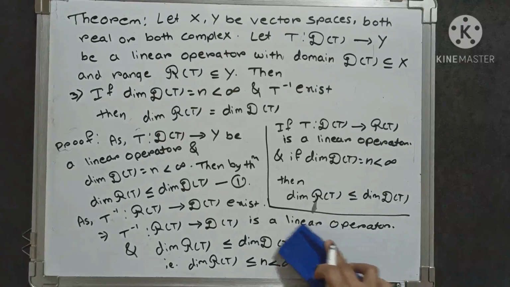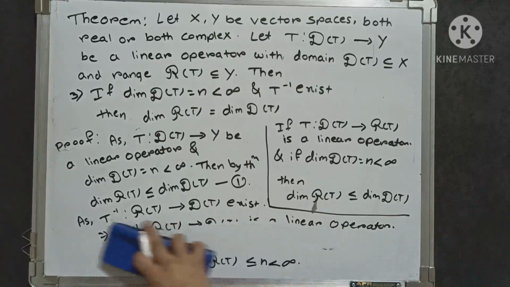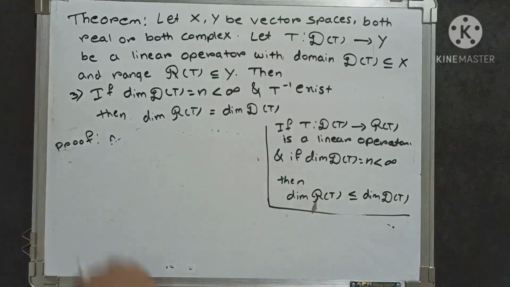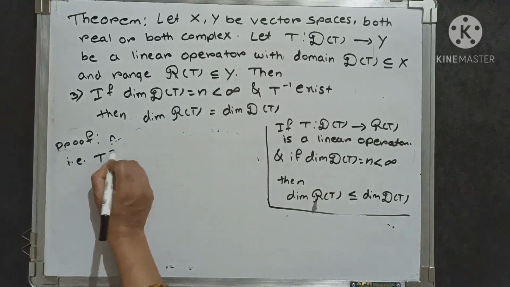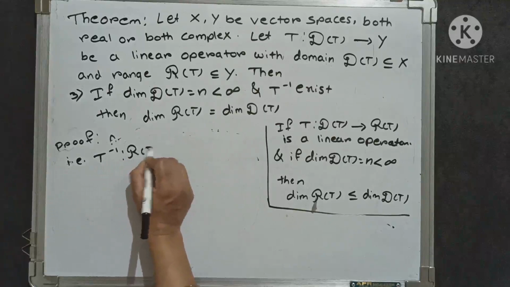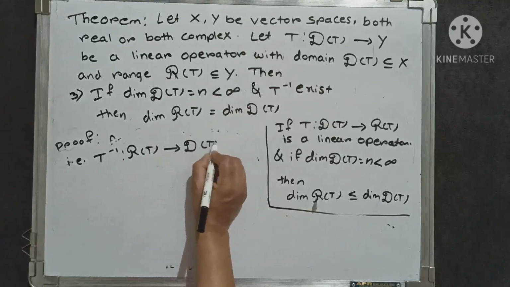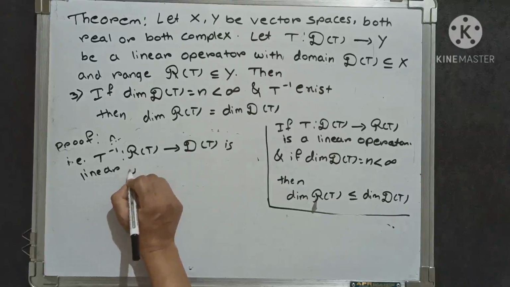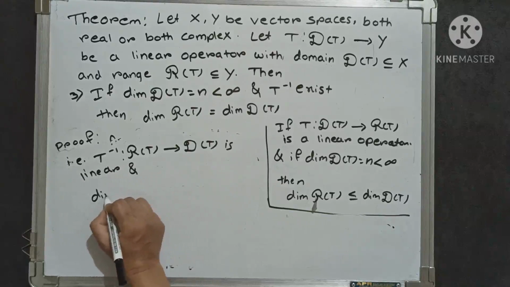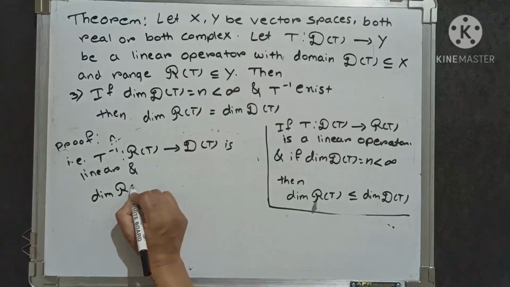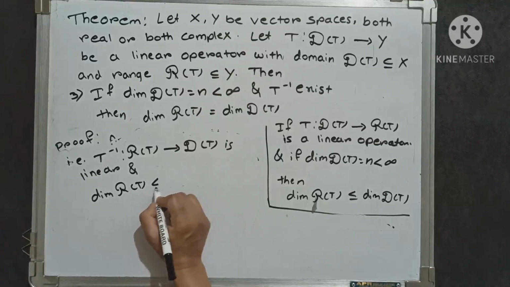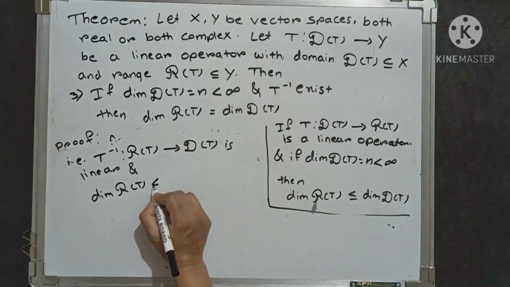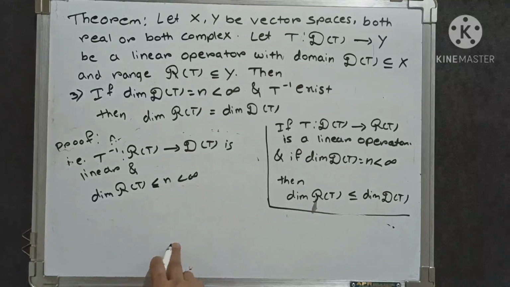Therefore here we get that T inverse, which is from script R of T to script D of T, is linear, and its domain is script R of T, whose dimension is less than or equal to n, which is strictly less than infinity.